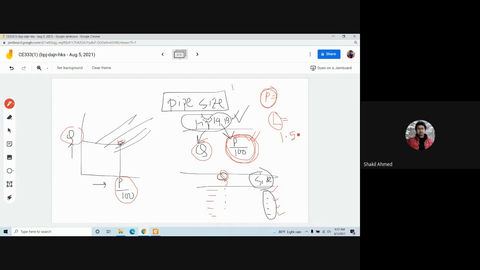So 1.5 into L. So that means 1.5 into L length, your pressure drop is small p, which you have calculated from the formula. So for 100 feet length, your 1.5 into L. Here is P.